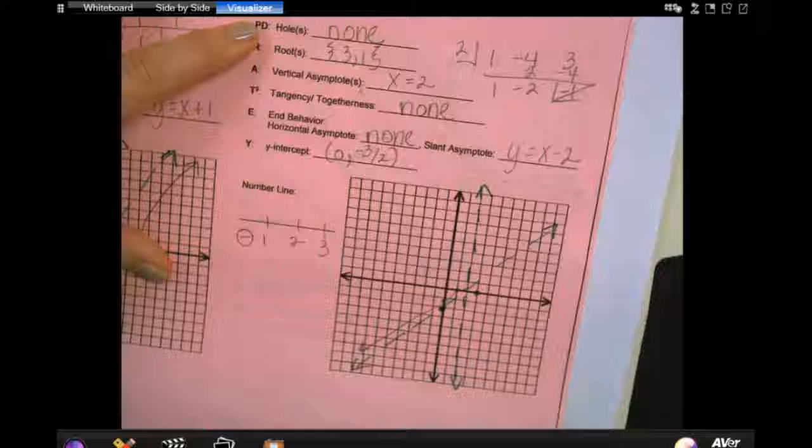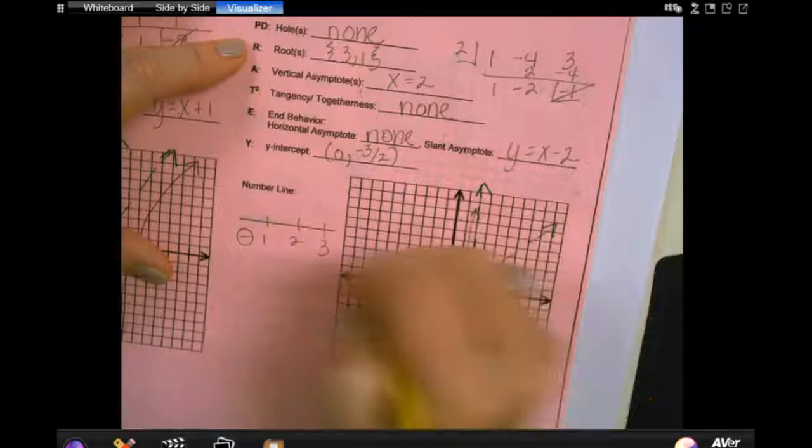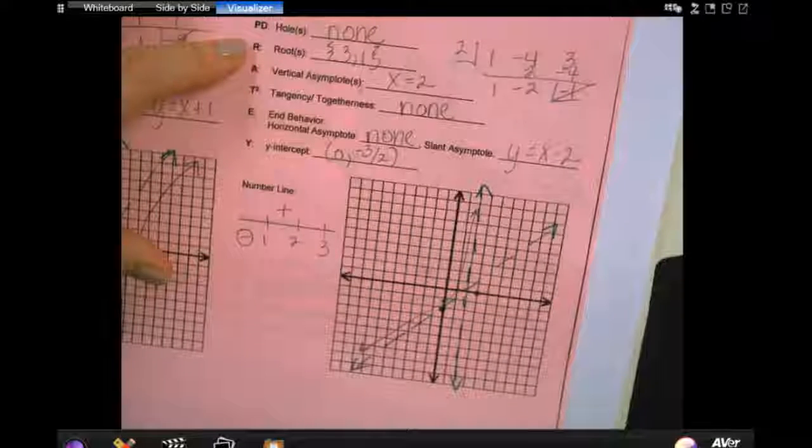From 1 to 2. It is positive. From 2 to 3.